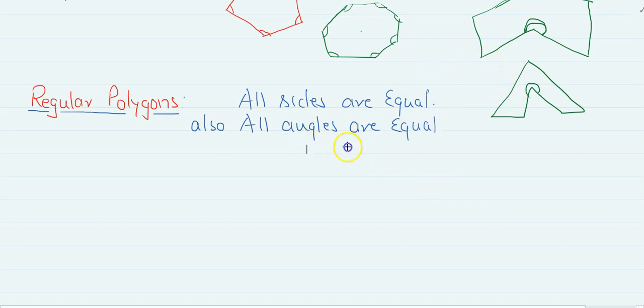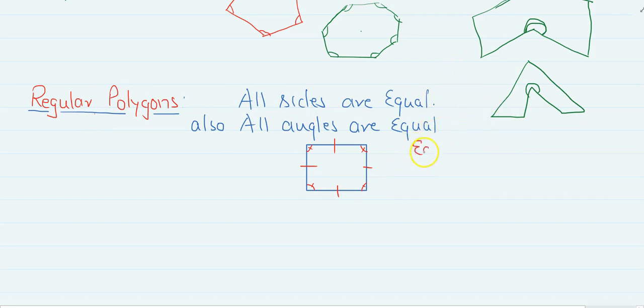So in a polygon, if all these sides are equal, this is the symbol of equality, and if all these angles are equal, then it's called a regular polygon.